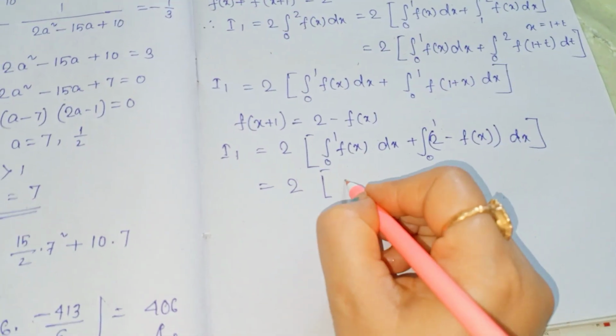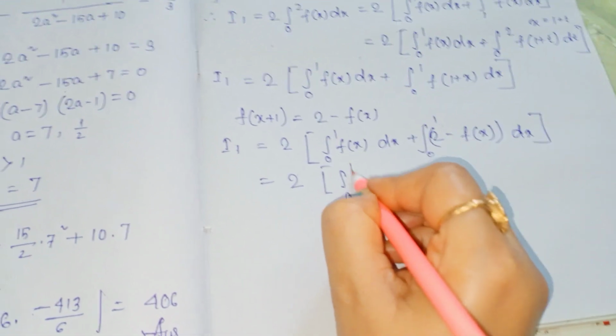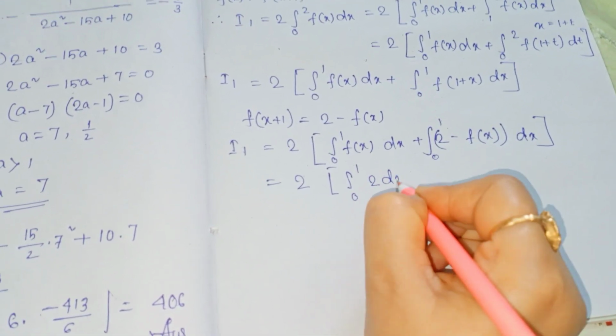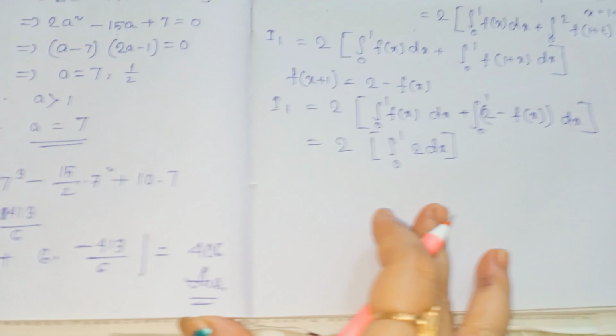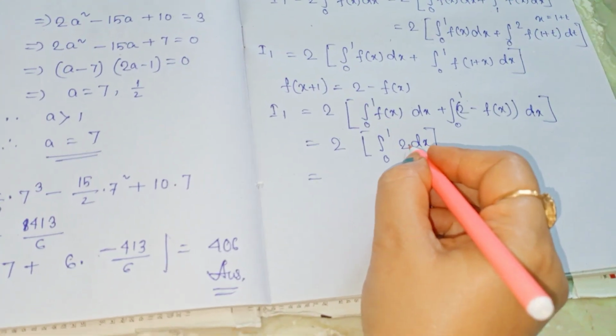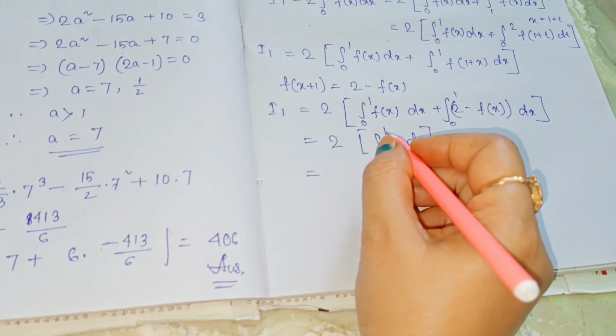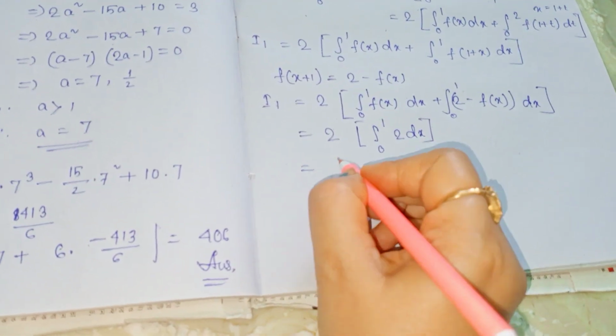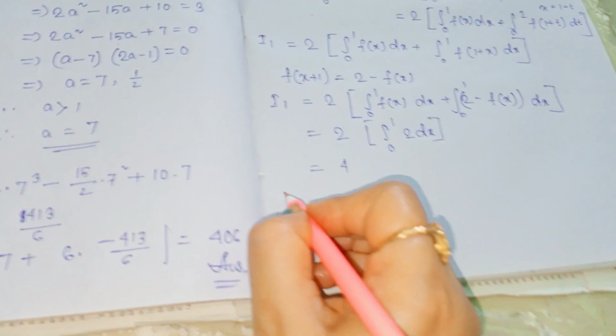So here we get the integral from 0 to 1 of 2 dx, which is equal to 2x from 0 to 1. So I1 is equal to 4.